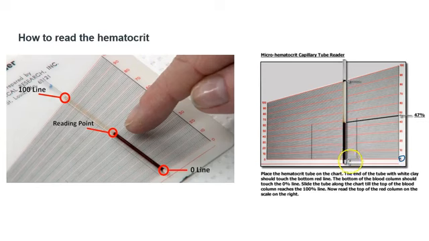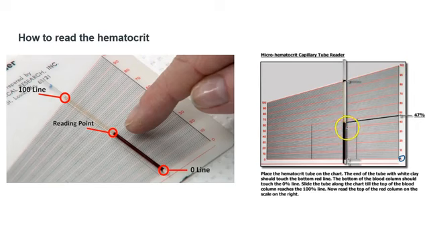Then you have to slide the tube along the chart until the top of the blood, which was our yellow part, the top of our plasma, reaches the 100% line.